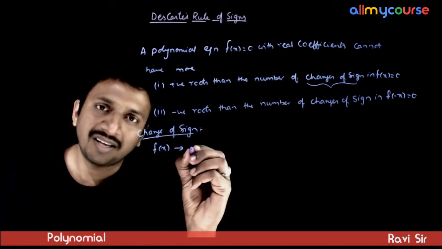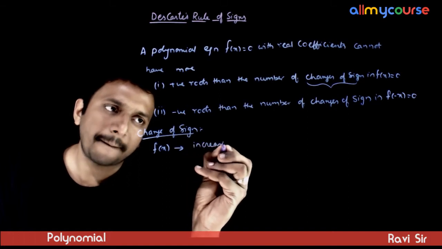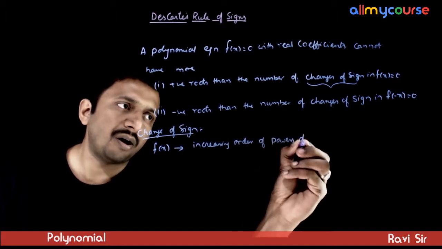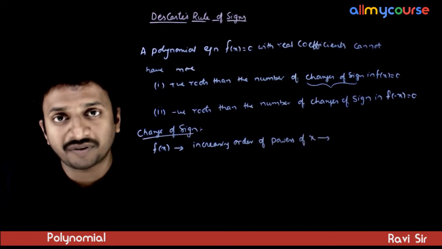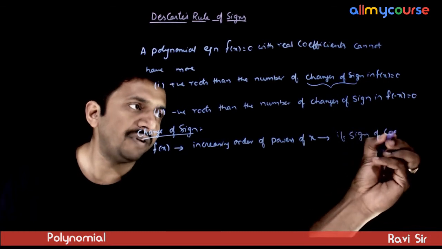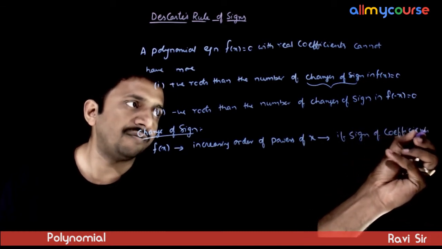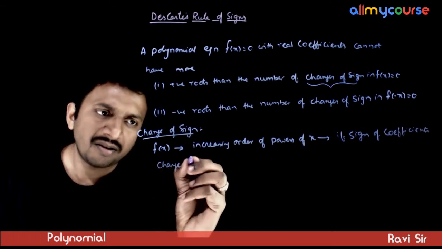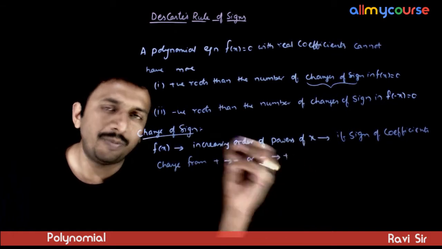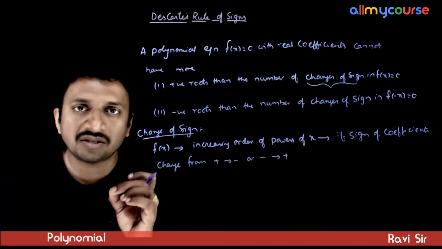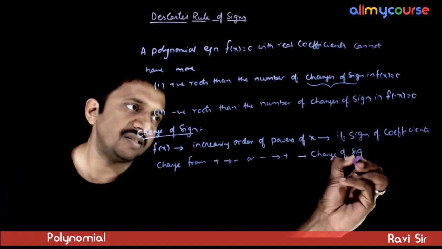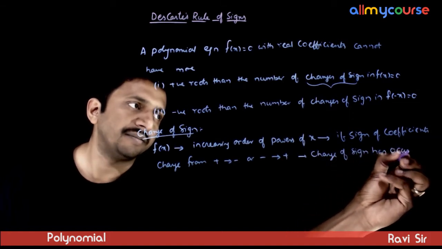If you write f of x in increasing order of powers of x, if the sign of coefficients changes from plus to minus or minus to plus, then we say that a change of sign has occurred.